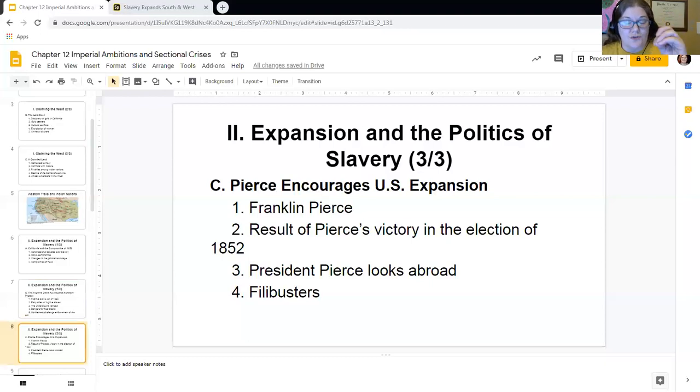The commissioners, which were kind of the bounty hunters who would go out and retrieve the runaway slaves, were paid $10 for sending a black slave back to the South, but they were paid only $5 if the slave was not returned. And it should sound offensive, but most commissioners did not make any distinction between a slave or a free black. What they saw was a black person who could be sold back into the South.